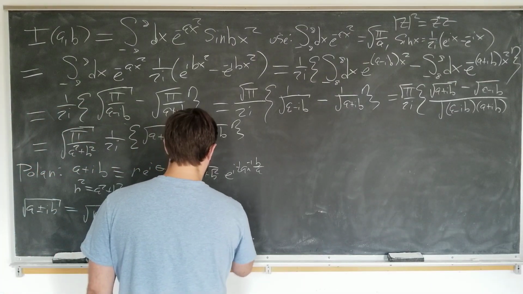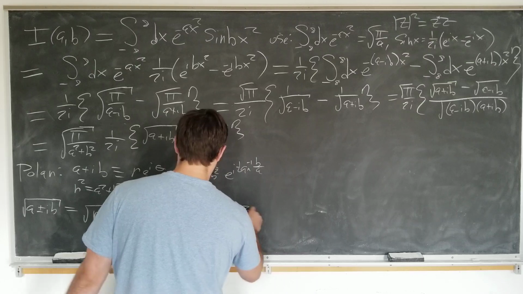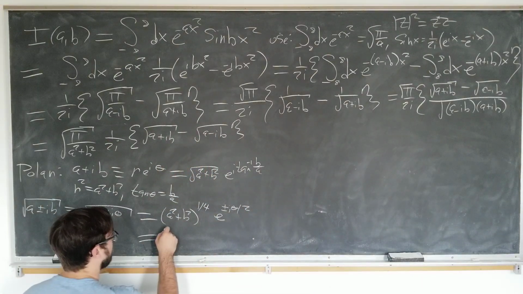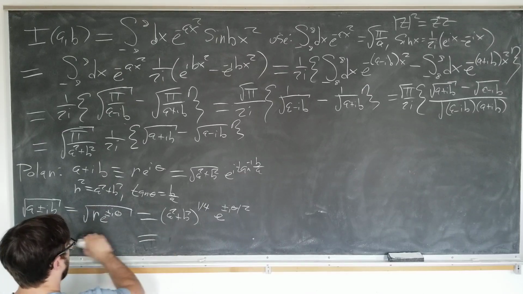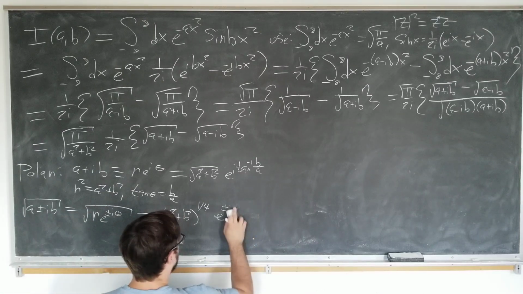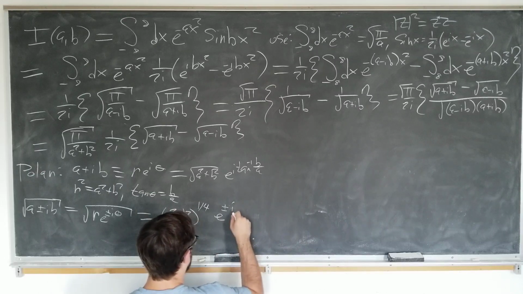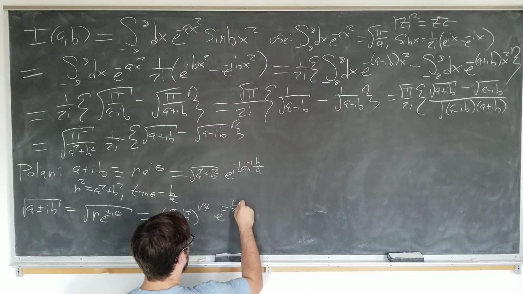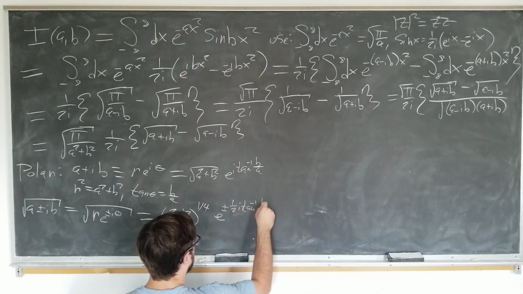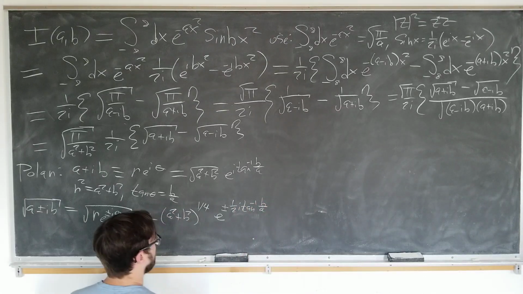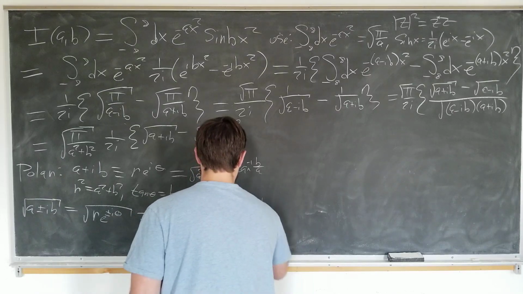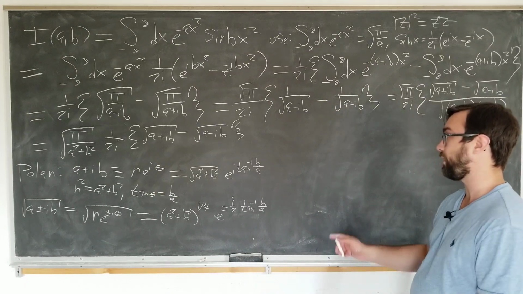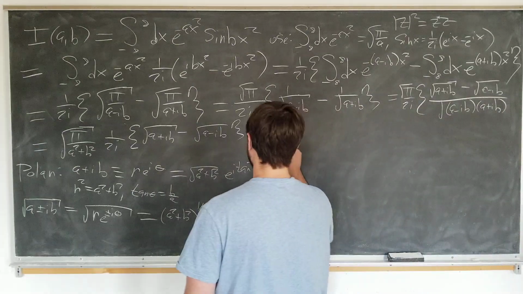And we have e to the plus or minus i theta over 2, which we can rewrite as, we don't even need to keep the theta here, plus or minus i over 2 times inverse tangent of b over a. Yep, so this is our form for that. Excellent.